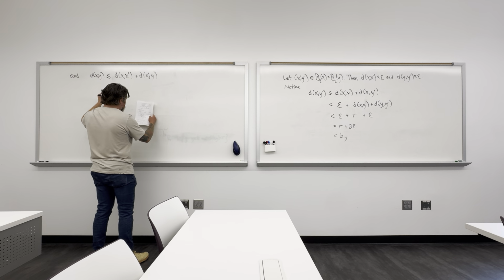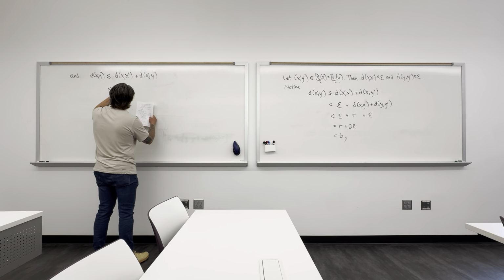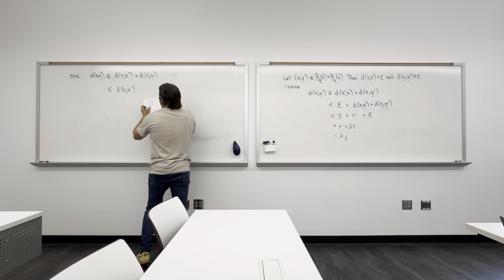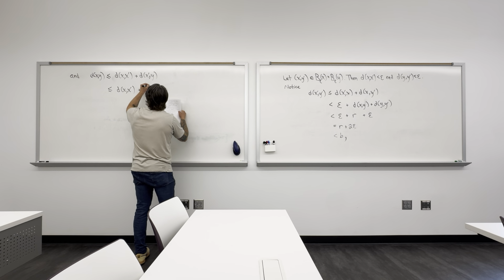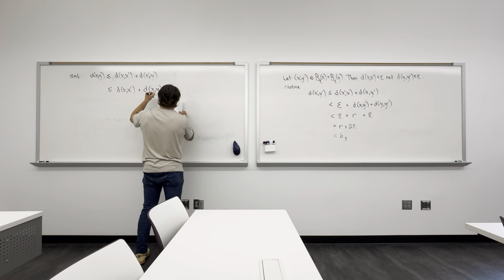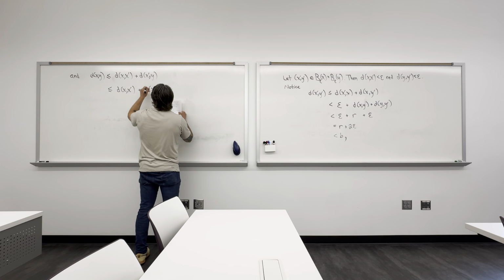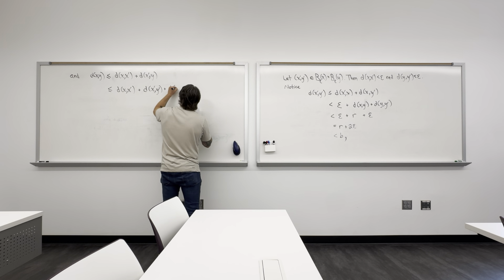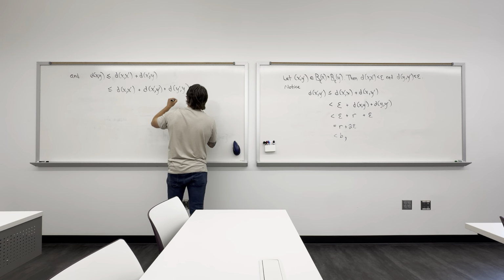But using the triangle inequality again, I'm not going to change this, but notice that this is less than or equal to the distance of x, x prime plus the distance of x prime, y prime plus the distance of y prime, y.